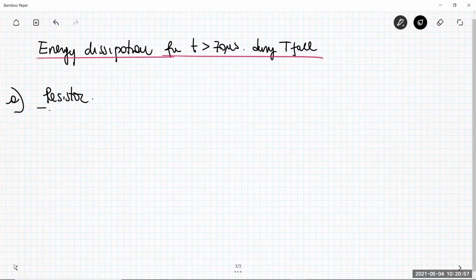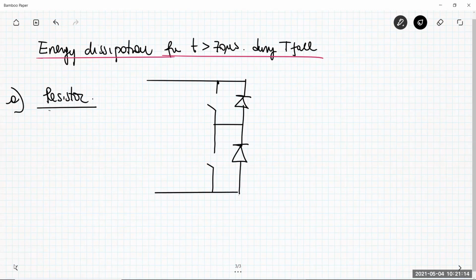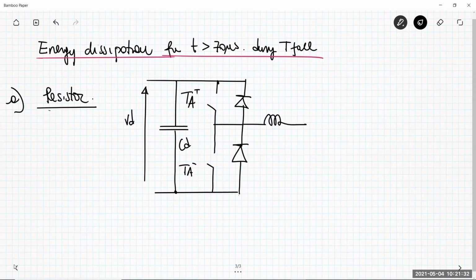So what happens? Let me just redraw my circuit. Let me put here switches in place of transistors just to simplify my drawing. The two freewheeling diodes here, voltage constant VD, input capacitor, TA plus, TA minus, L and CP.